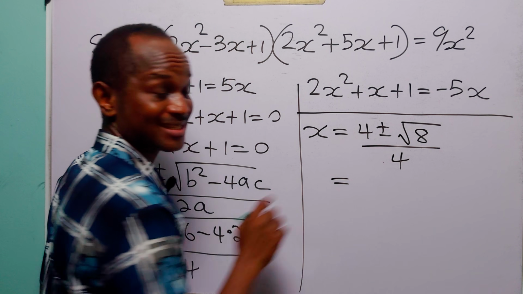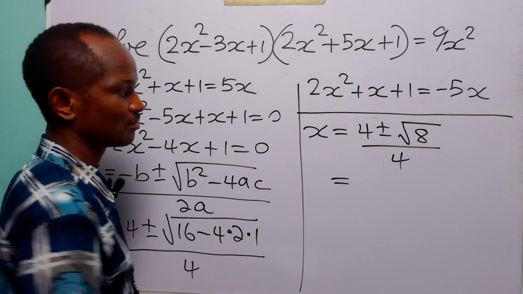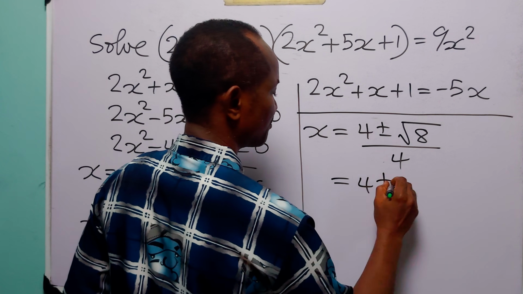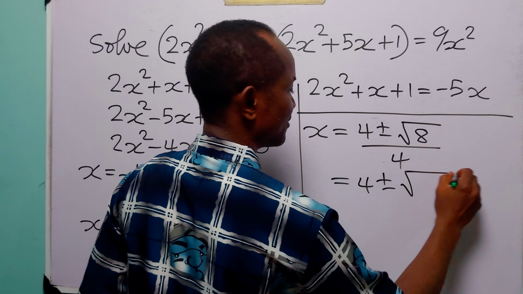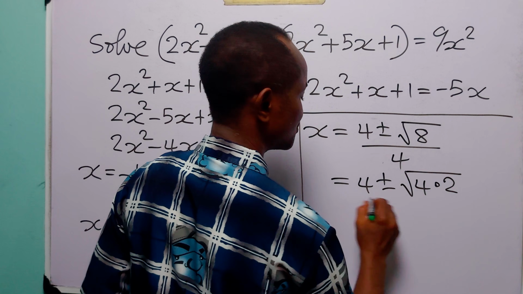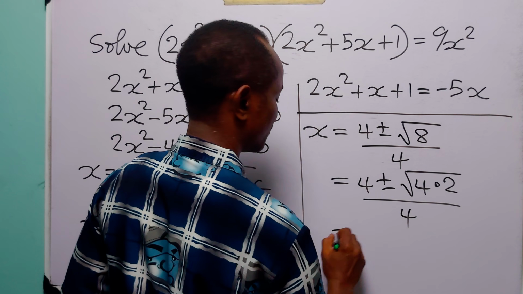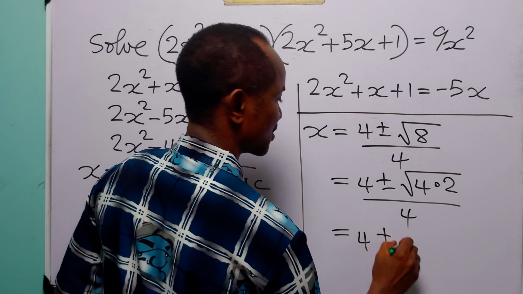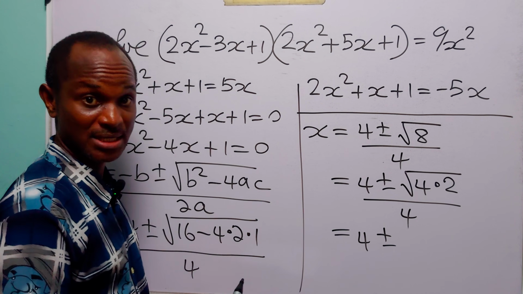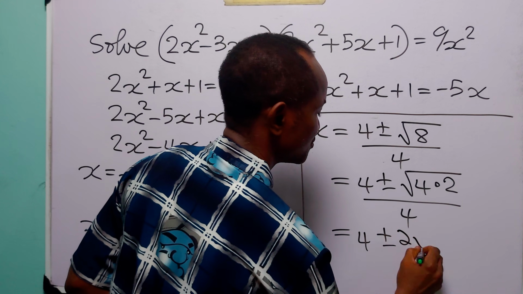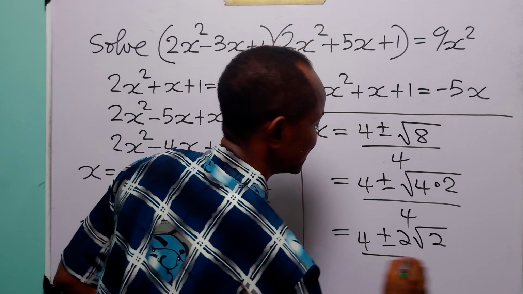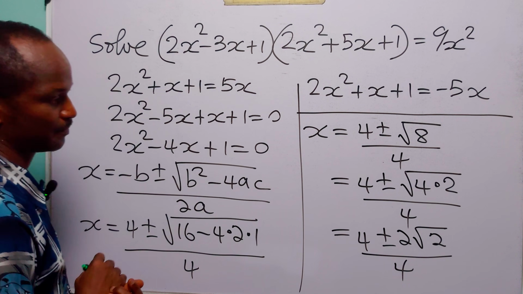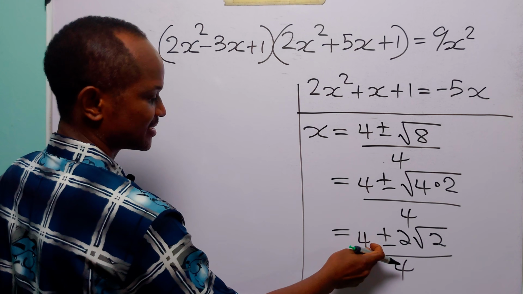Now, let us remember that 8 is 4 times 2. So this is 4 plus or minus the square root of 4 times 2, divided by 4. The square root of 4 is 2, so we have 2 root 2 divided by 4. Now we can factorize this numerator.